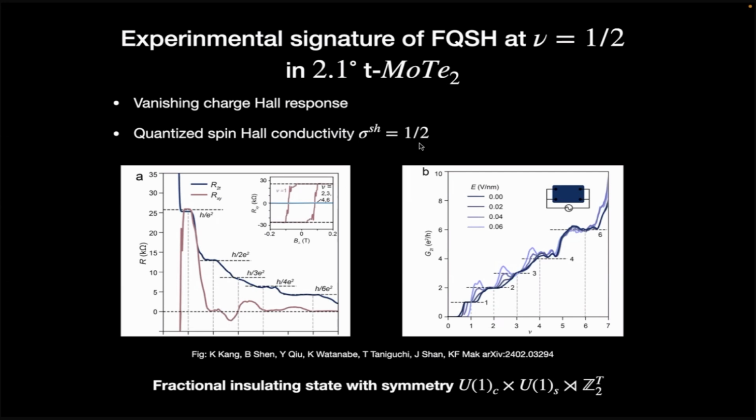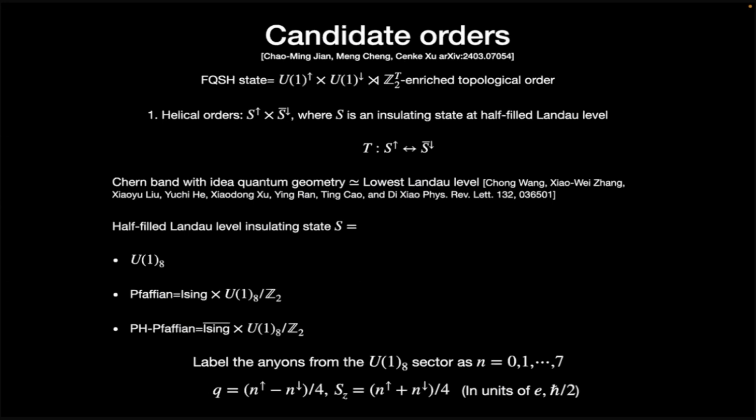Okay. So then it was proposed that there are several topological orders with this symmetry that are compatible with this signature, by the work of Chao-Ming Jian and MoTe2 and Cenke Xu. So first of all, by definition, the fractional quantum spin Hall state is a symmetry enriched topological order.